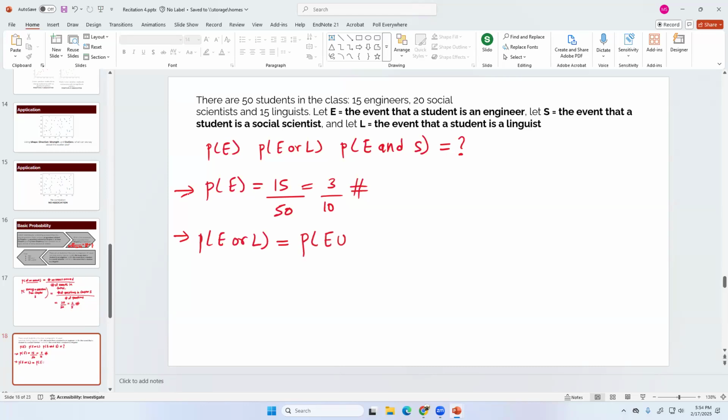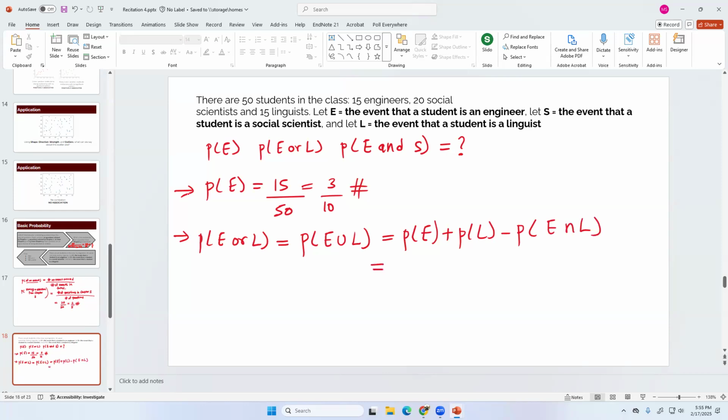E union L. And what is the formula for this? If A and B are events, you do it like that. So for this, it's the probability of E plus the probability of L minus the probability of E and L, right?